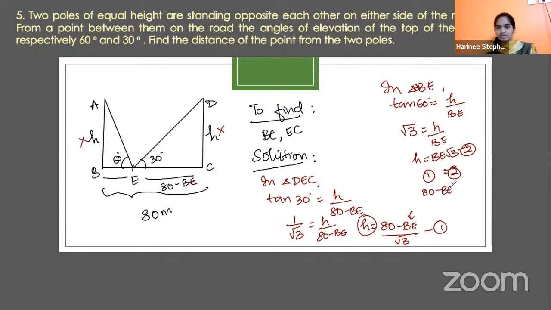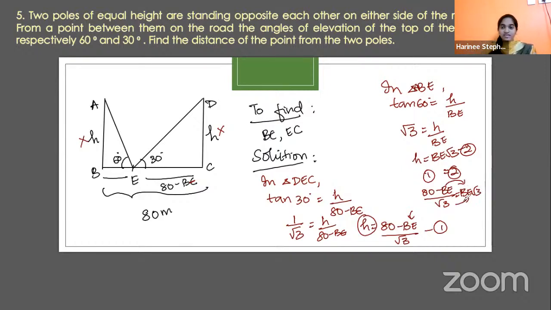So 80 minus BE upon root 3 is equal to BE root 3. To simplify this equation to get the value of BE, root 3 goes over there to make 3BE and this BE comes to the other side.